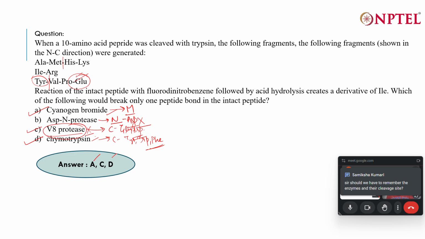Yes. For this particular thing, you have to remember the enzymes and where they cleave, because based on that only these questions can be answered. This is basically the sequencing part of protein structure. In sequencing, we use different enzymes to cleave and form fragments, and after aligning those fragments we get the full protein structure.